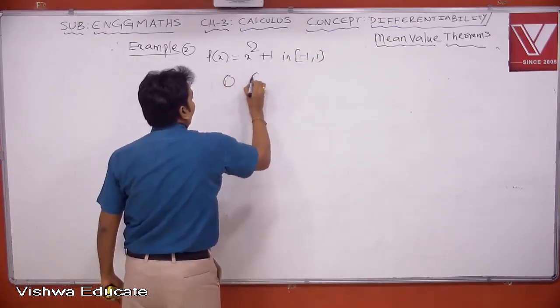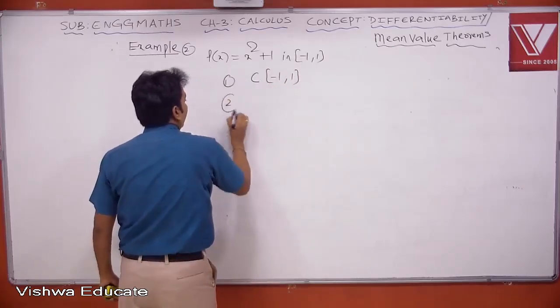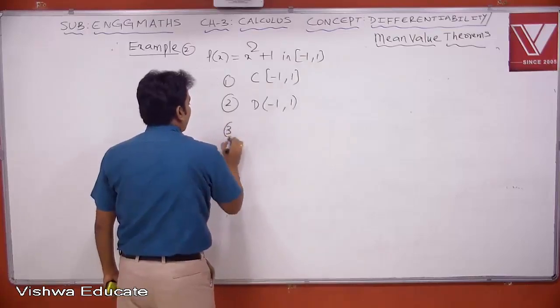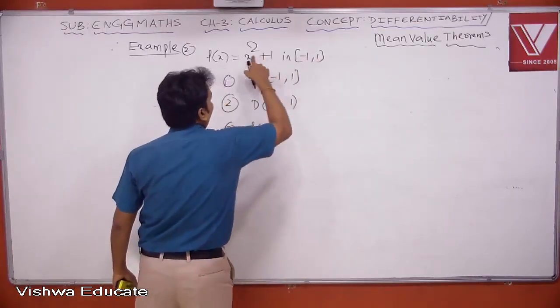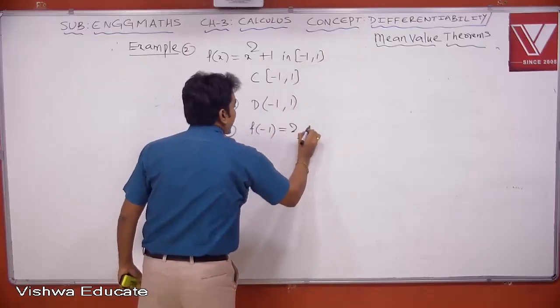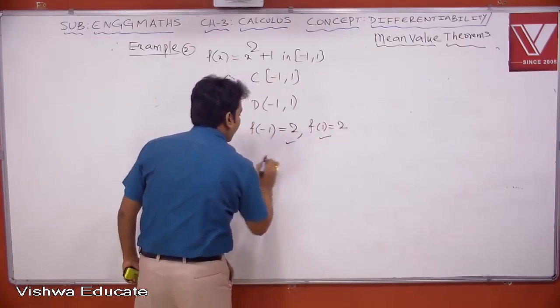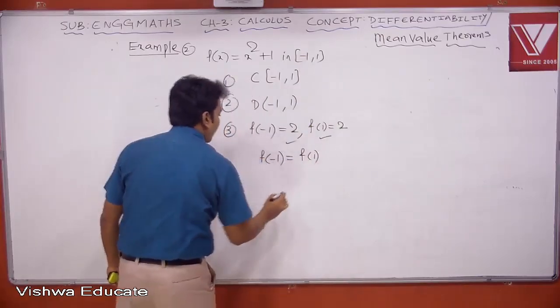It is a second degree polynomial, continuous in closed interval minus 1 comma 1, differentiable in open interval minus 1 comma 1. f of minus 1 is 2, even f of 1 is 2. So the function takes the same values at the endpoints, that is f of minus 1 equal to f of 1.